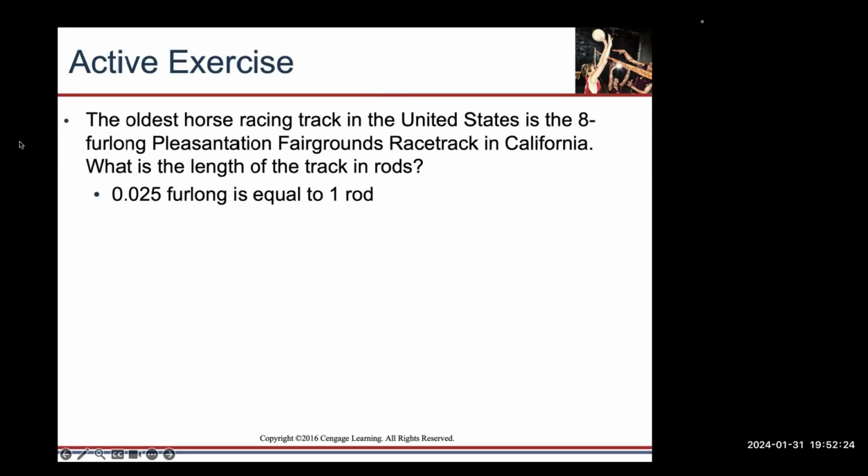Okay, so I'll help you out this time. In this case, we're going to be going with the 8 furlong. So that lets us know what we're starting off with. But we also want to know where we want to go. What is it that we want to get to? And we want to get to the rod. Okay. Good job. Okay, so then we're going to start off with 8 furlong.